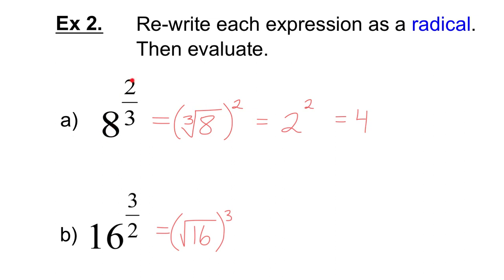So 8 to the exponent 2/3 is equal to 4. Now 16 to the exponent 3/2 was rewritten as this radical. The square root of 16 is 4. 4 cubed is 64. So 16 to the exponent 3/2 is equal to 64.